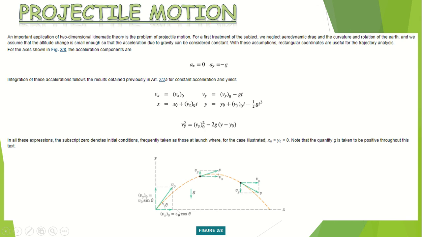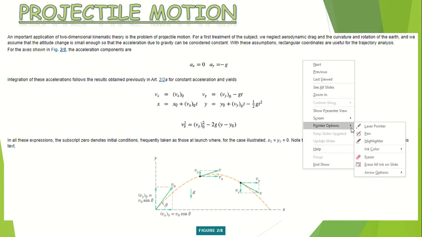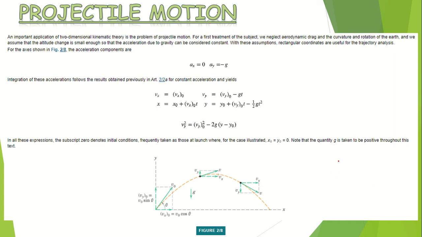Okay, and then where do you get this one? You just take this triangle here, so we have a triangle that's formed. This is our v sub 0. This is the horizontal part, and the hypotenuse.